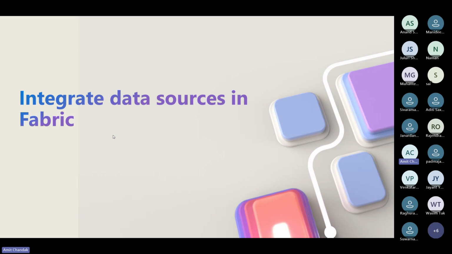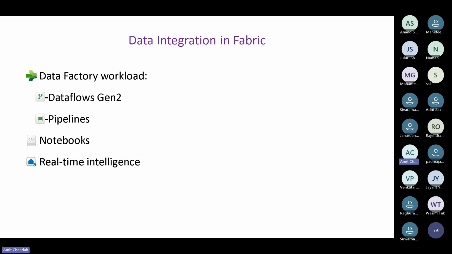Now, integration of data sources in Fabric. In Data Factory, you have Dataflows Gen2 for data integration, so you can bring in data from different sources and integrate it. Data pipelines can help too. Notebooks are one of the biggest places where we do PySpark, Scala, R or Spark SQL for data integration, data science, everything.